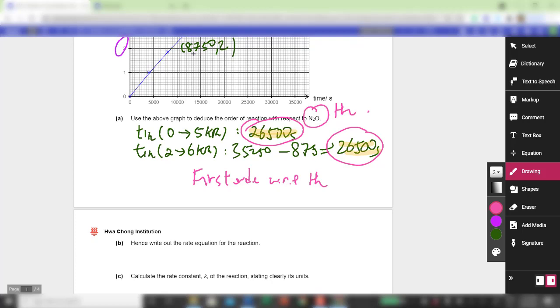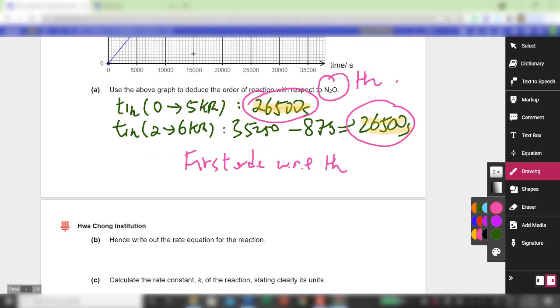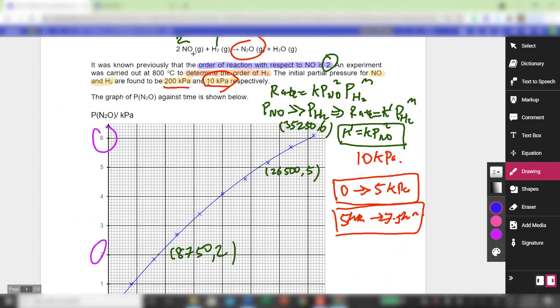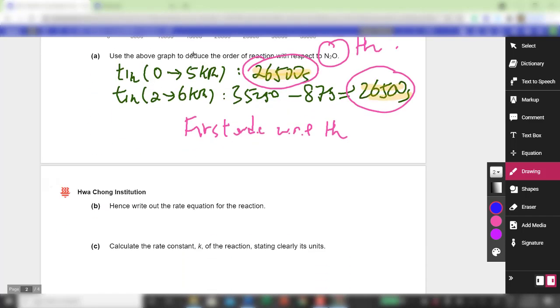Hence, write out the rate equation for the reaction. This is definitely not going to be challenging, because we have already written out a rate law here. But in our earlier rate law, we don't know m, so you can just put m as 1.